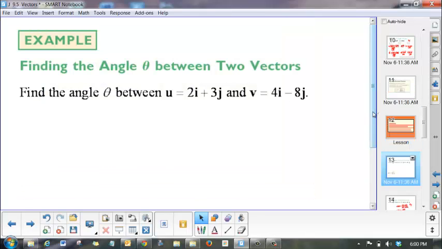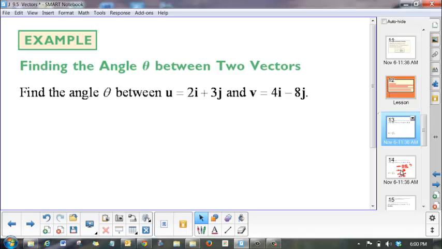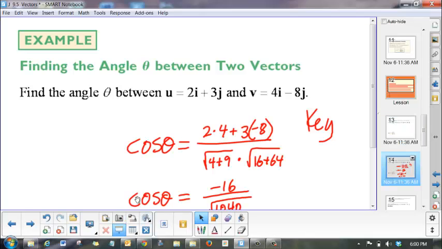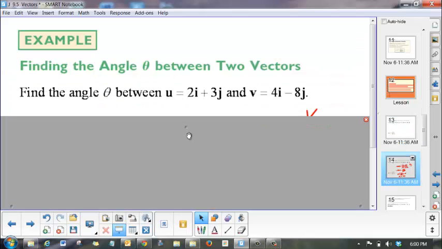All right, so let me give you a question. Find the angle between these two vectors. I'll give you a chance to try on your own, and then we'll give it a try together. Okay, so here's the rule.